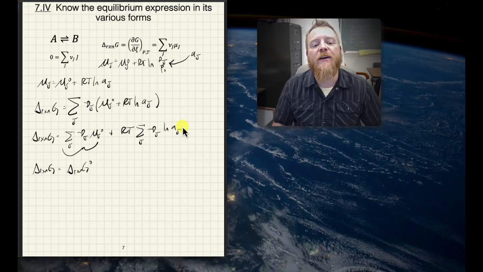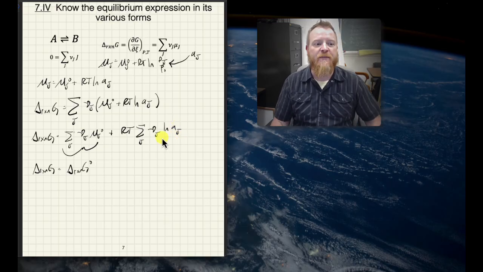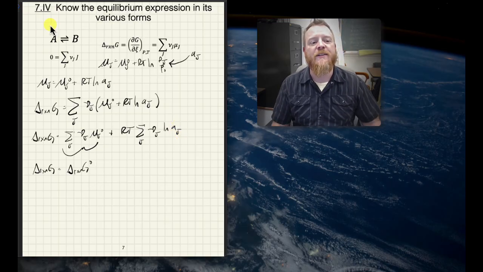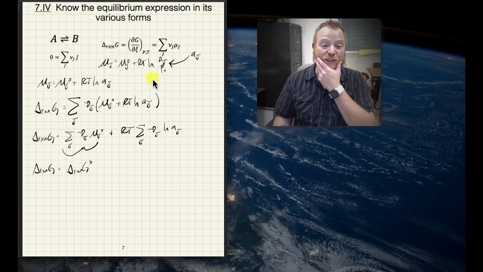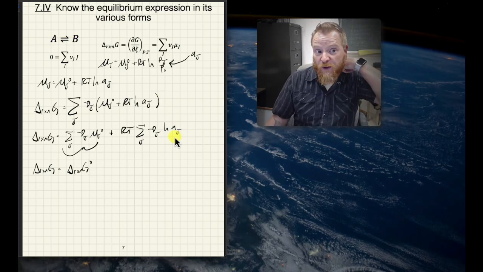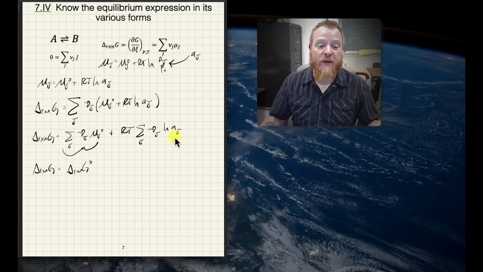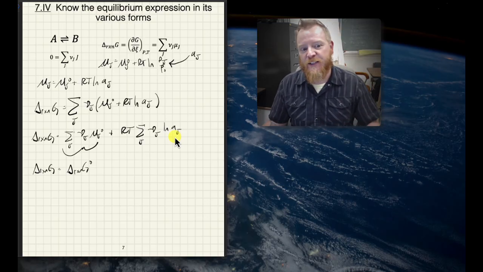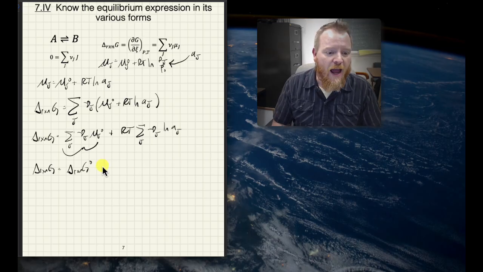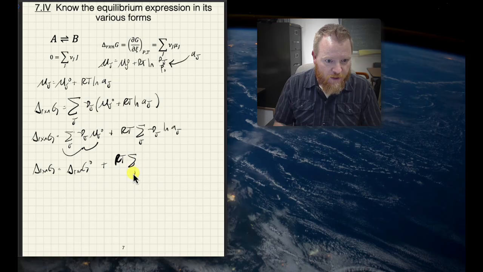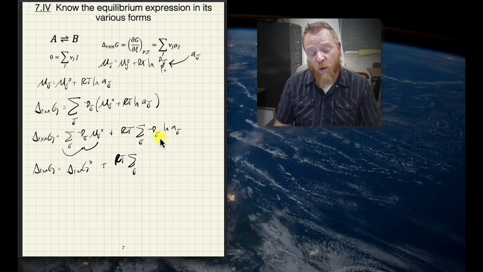But now, because we put this placeholder for activity, we're no longer beholden to this simple reaction of A going to B. We can start thinking of it in terms of real concentrations, whether it be solvent activity, solute activity, etc.